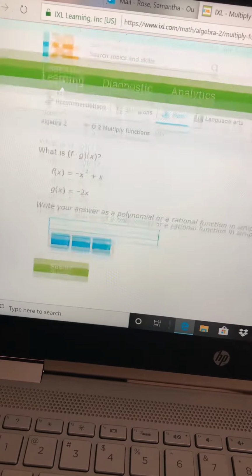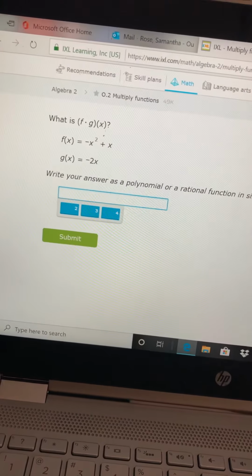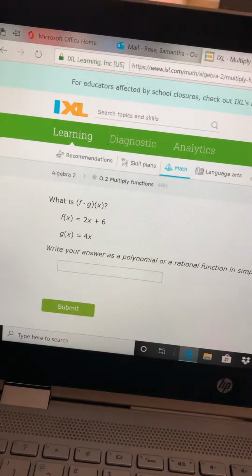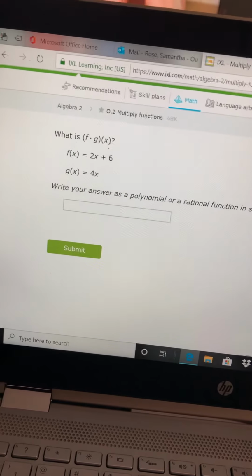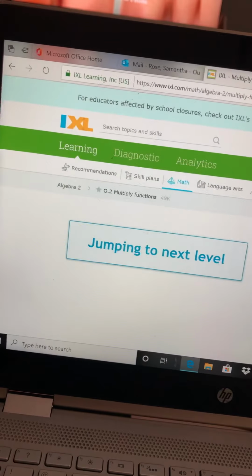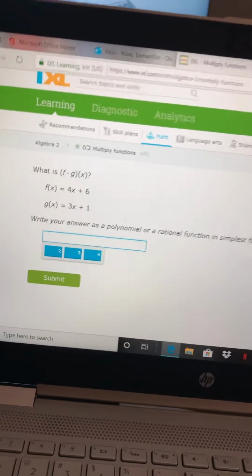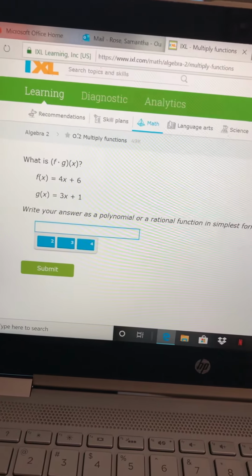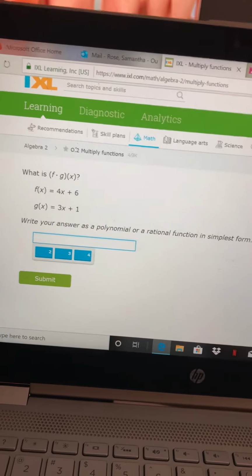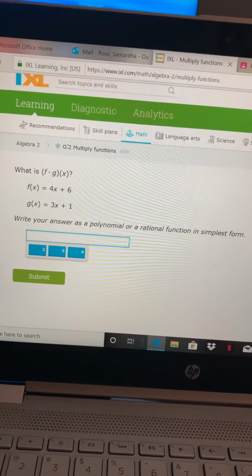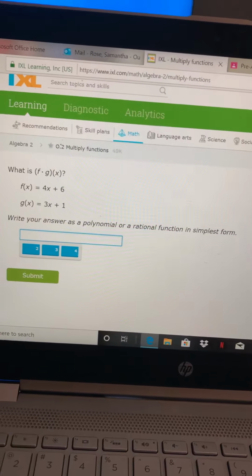Okay, let's jump ahead a level and see what the next few look like. Because that's the same thing again. Okay, here we go. We've got a binomial times a binomial. So you remember how we do that? The FOIL method. So 4x plus 6 is in parentheses, and then 3x plus 1 is in parentheses.